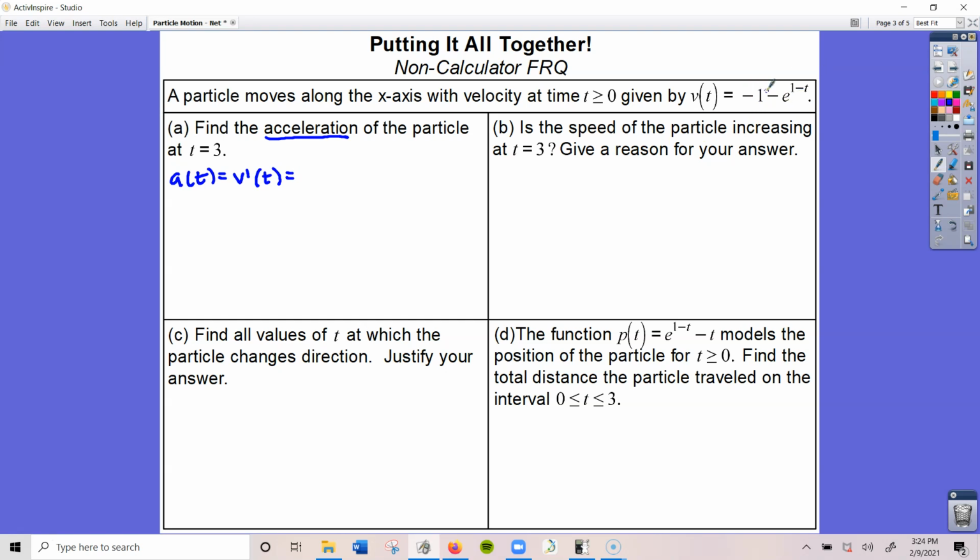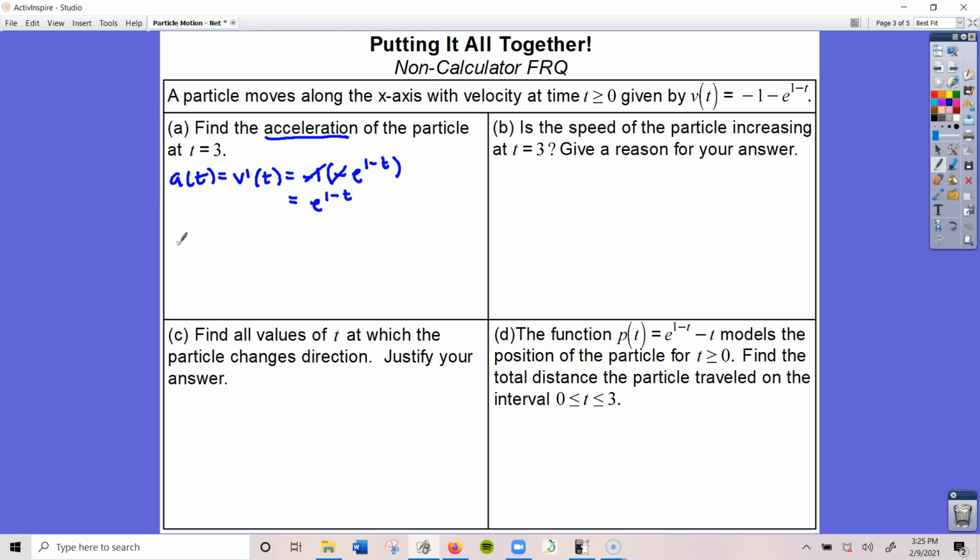The derivative of negative 1 is 0. The derivative of negative e raised to the 1 minus t, well, we would get the derivative of the exponent, which is negative 1, times the function, so negative e raised to the 1 minus t. The negatives just basically cancel out, and the derivative of velocity, so acceleration, is e raised to the 1 minus t.